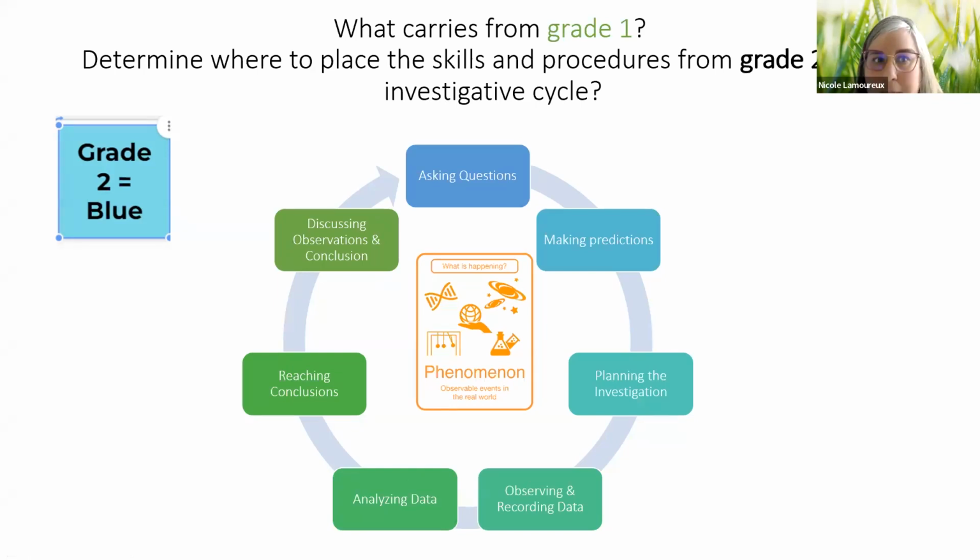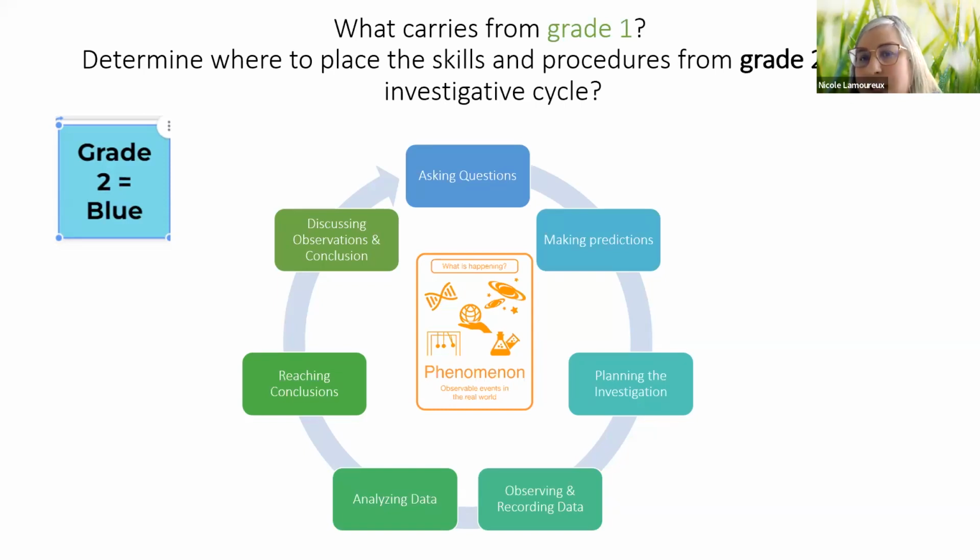So if you want to think about, even if you have your Jamboard up, those of you who have access to it, determine where would you put the grade 2 skills on the investigation cycle when looking at those skills and procedures, because it was laid out in grade 2 and it carries all the way forward. Okay, so what do you think would be brought forward from grade 1 that they're still going to be expected to do? They may not be assessed on it, but they're still expected to do that skill.